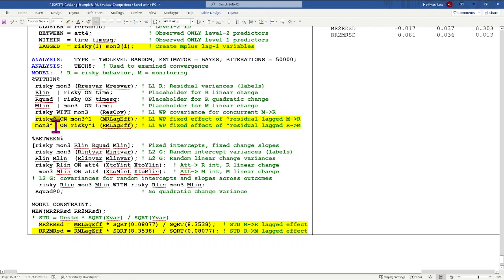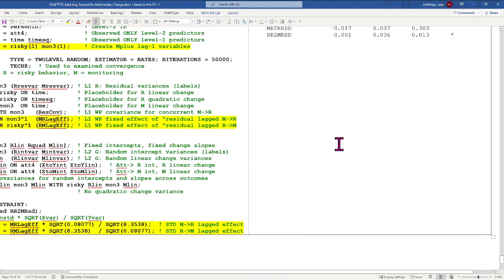So it's like a latent centered lagged variable. There is another version of this model that you might see in their user manual that has an ampersand instead, I think it is. I can't remember all the symbols. Don't use that one. Use this caret one. So this is the lagged effect of previous monitoring on current risky behavior, and this is previous risky on current monitoring. And then I computed the standardized versions of those using the variances from the previous analyses.